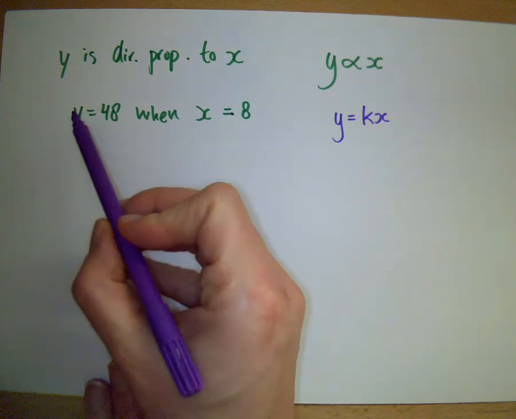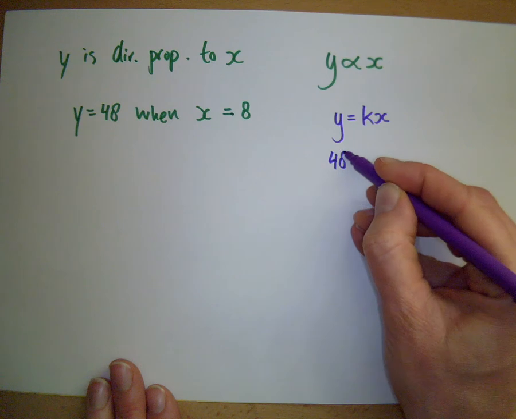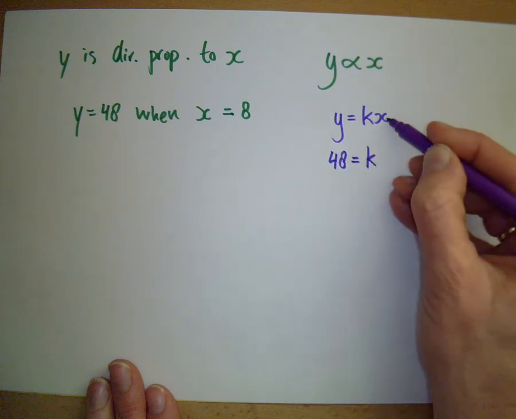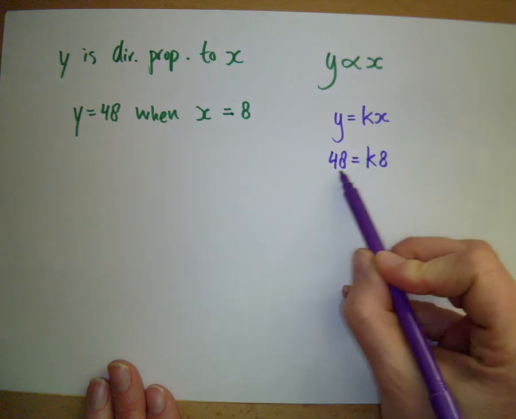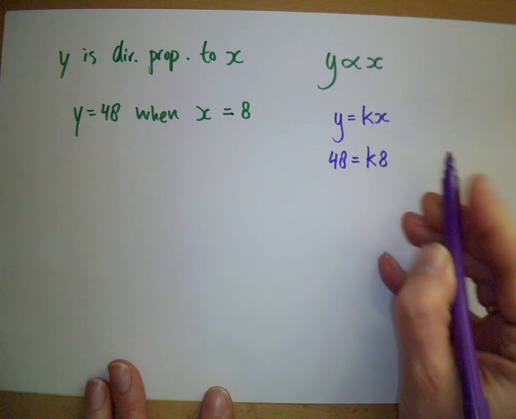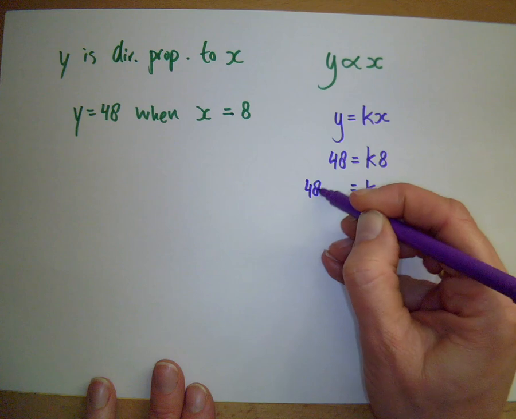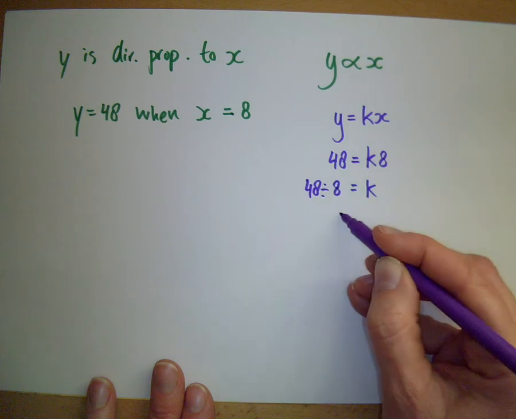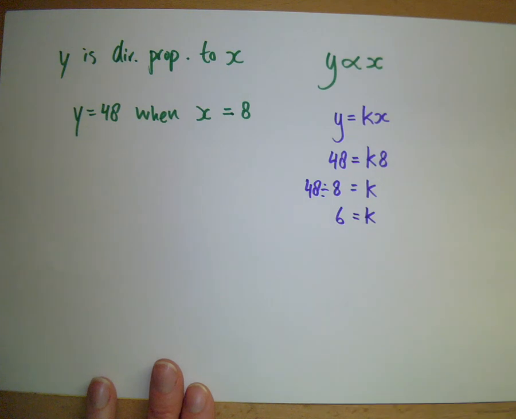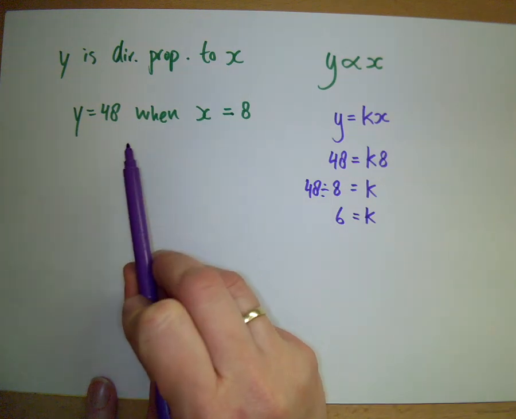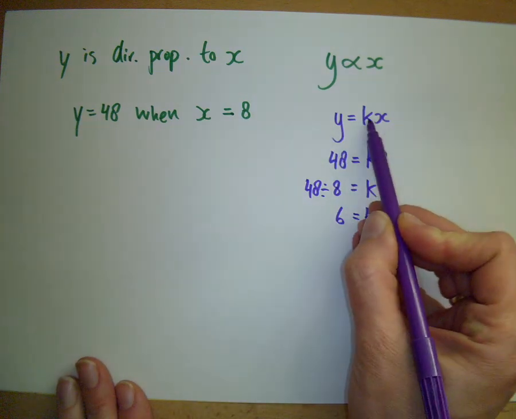So what do we do? We just plug in the values that we know. We know that when y is 48, x was 8, so 48 equals k times 8. And now we just solve for k to find this constant. We divide both sides by 8. 48 divided by 8 is 6. 6 equals k. So the formula for y in terms of x is this, but we found our k.